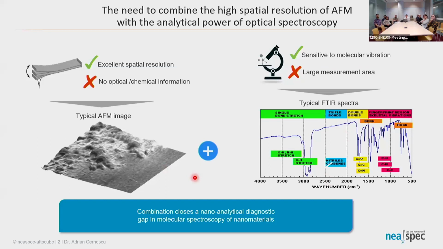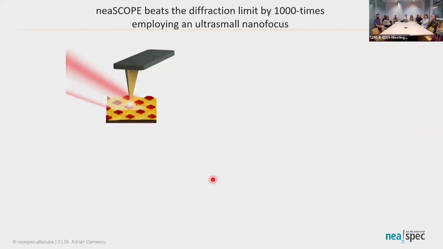Now, there is a way to combine these two techniques, and this can be done in a nano-IR or SNOM instrument. How this combination works, I'm going to present in the next slide. Here, you can see a metallized AFM tip in contact with a sample.